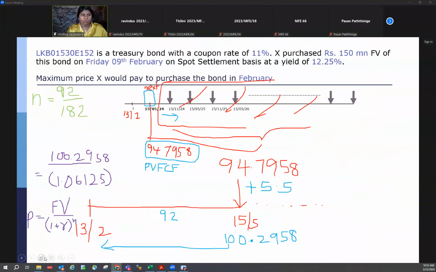If you annualize it instead, without taking 0.06125, and take 1.1225 to the power 92 divided by 365, you won't get the same answer, because 182 and 183 are odd periods, so the interest per day is a little bit different. Therefore the answer won't be the same. For bonds, when you're trading in millions and billions of rupees, that makes an impact on your total value.